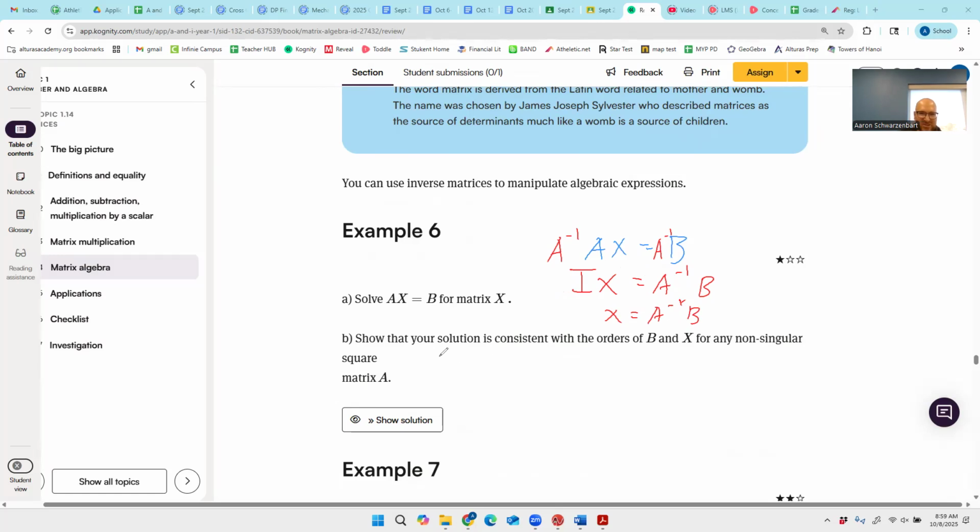And that order matters. Show that your solution is consistent with orders B and X for any non-singular square matrix A. I don't remember what they mean by this.